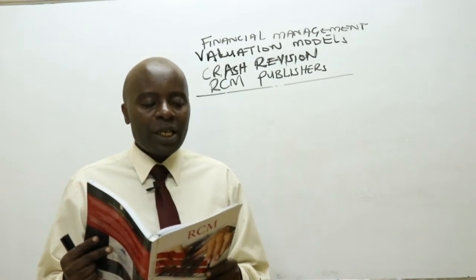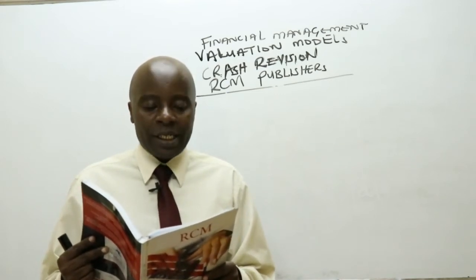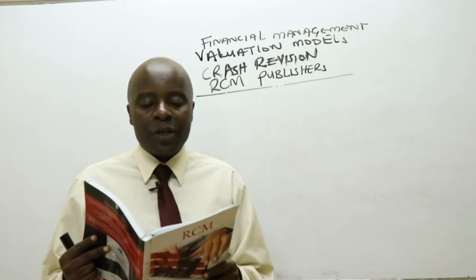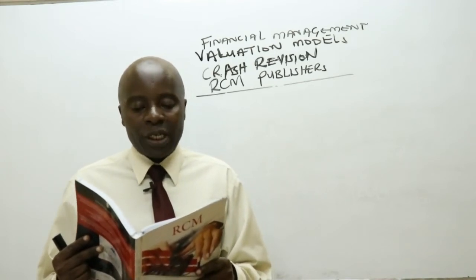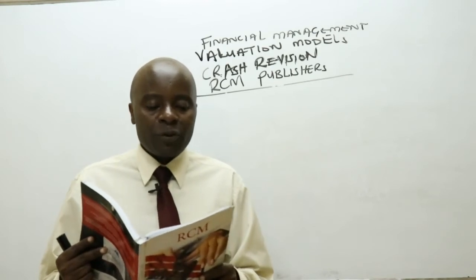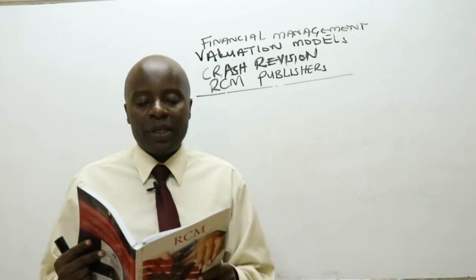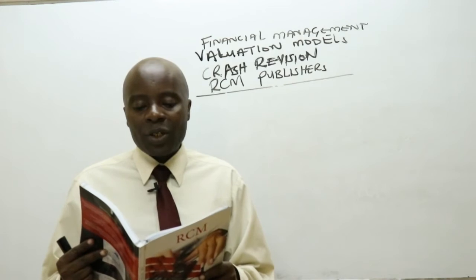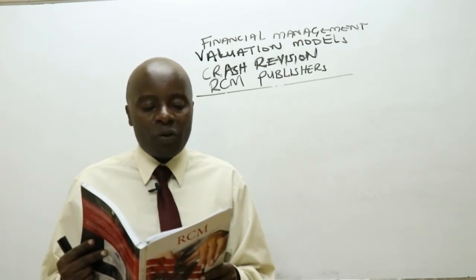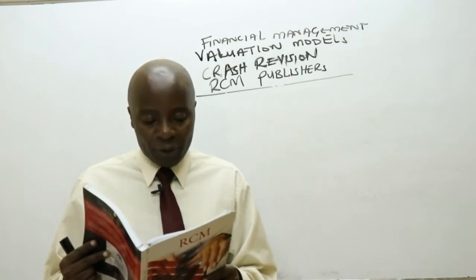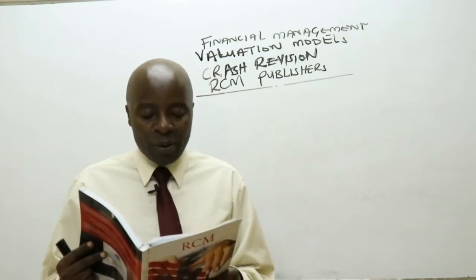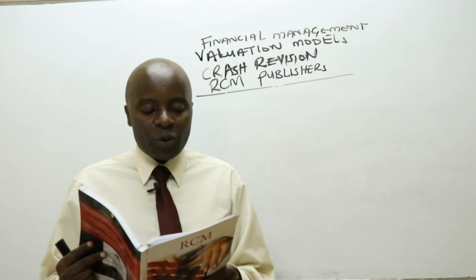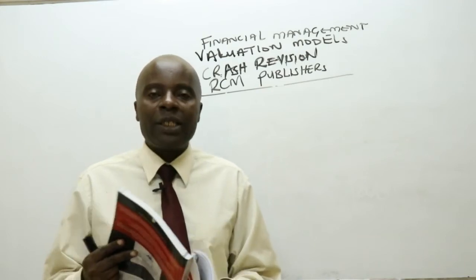It reads, William Mugunya intends to invest shillings 200,000 in a redeemable 12% shillings 100 debentures for 3 years. The current market value of the debentures is 80% of the debentures par value. The required rate of return on the debenture is 10% per annum. They want us to advise William Mugunya on whether to invest in the debentures.